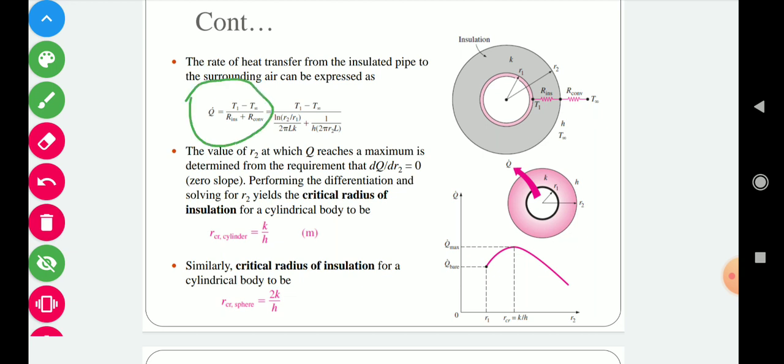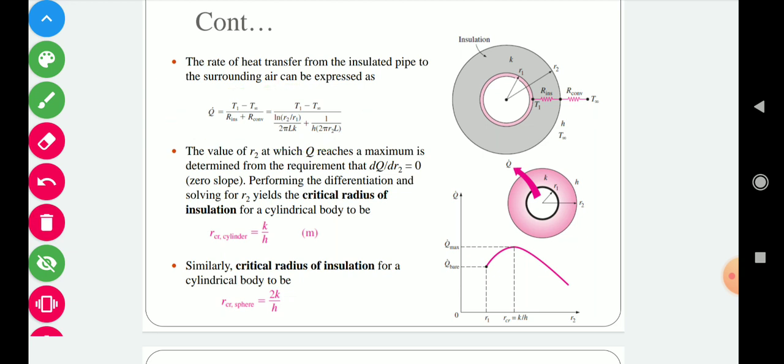So Q equals T1 minus T infinity divided by the conduction resistance in insulation, which is log of R2 by R1 upon 2 pi Lk, that I explained in my previous classes, plus the convection resistance, which is 1 upon hA. Area is 2 pi R2 L. So this is our final equation to calculate heat transfer rate.